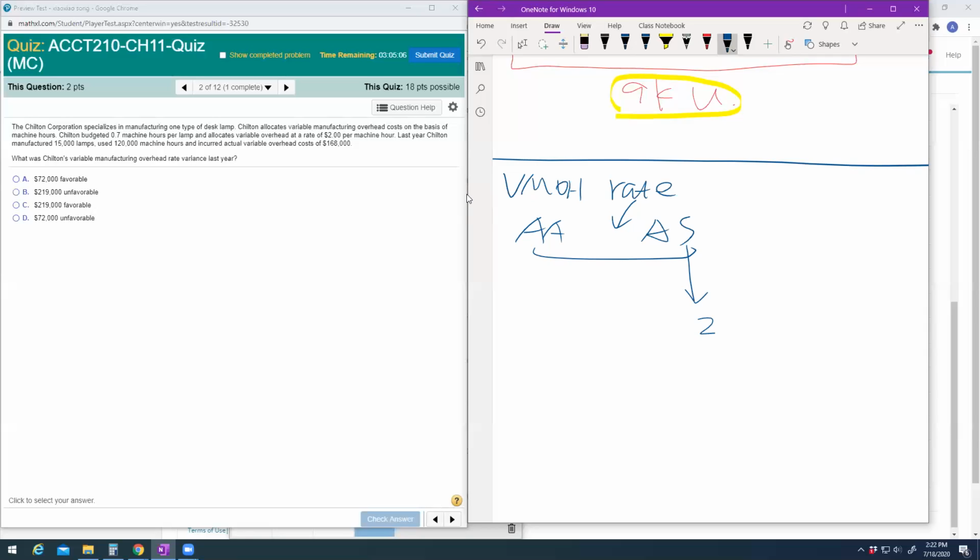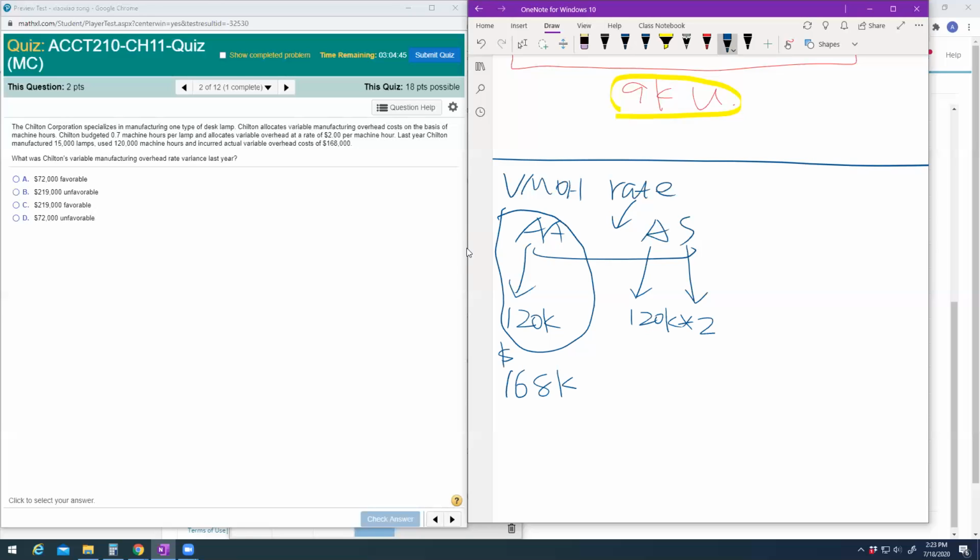Last year you manufactured this, so you actually used 120,000 machine hours. Current actual variable overhead cost total is already told to you, 168,000.